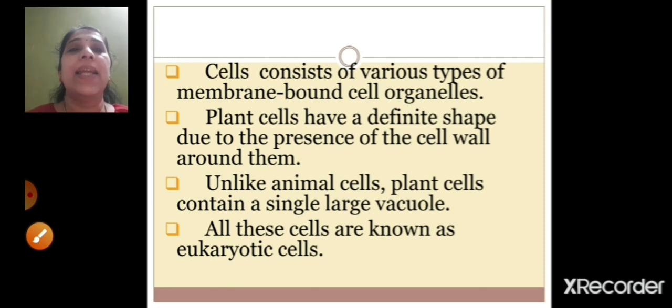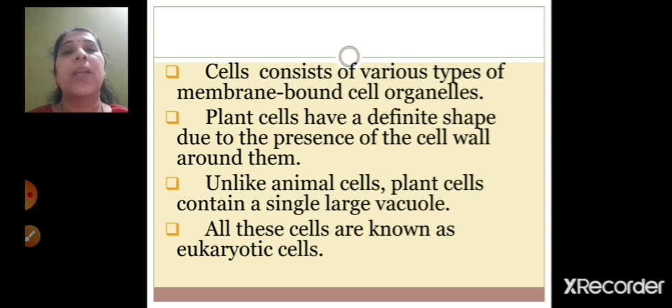Now the cell consists of various types of membrane bound cell organelles, right? As I told you, there are various types of cell organelles present in the cells, right? Now plant cells have a definite shape because of the presence of the cell wall around them. As I told you, only plant cells have a cell wall, animal cells do not.